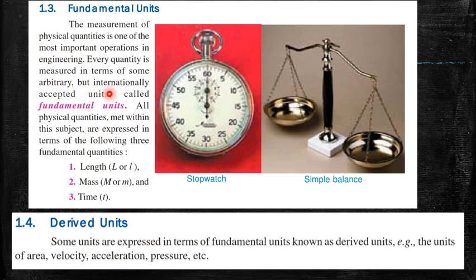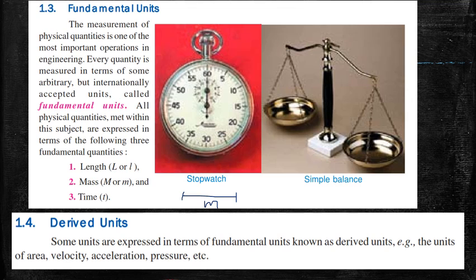There are two different kinds of units. We have fundamental or basic units and derived units. Fundamental units are 7 units. Derived units are derived from the fundamental. They came from the fundamental. For example, if we are talking about length, it is measured by meter.